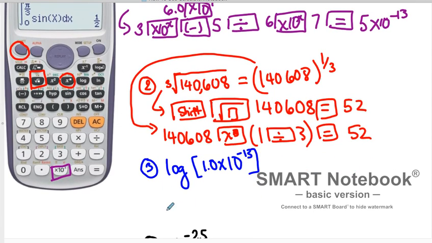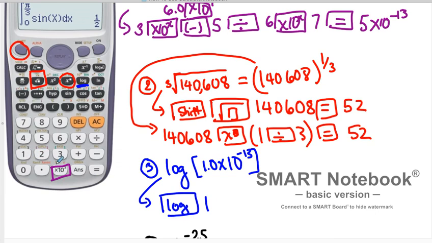For the third question, you need to use the logarithmic function, which is found right over here. So you're going to press this button. To put this into your calculator, press the log, and then you can input your value, 1 times 10 to the power of -13. So input 1.